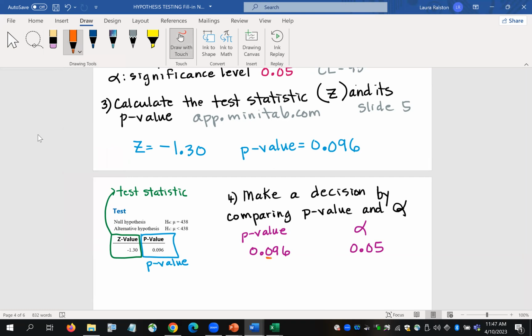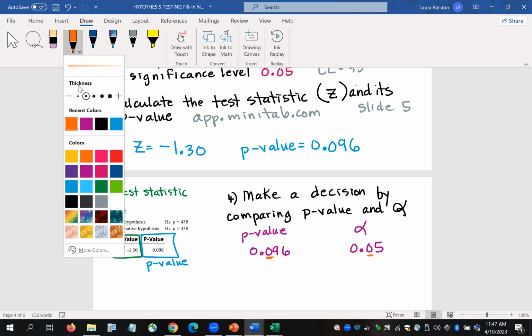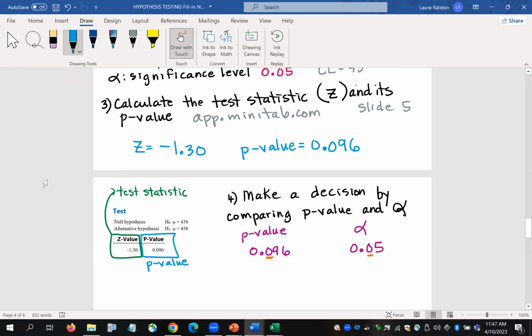The first digit after the decimal point for p is 0, for alpha is 0. Then I'm going to do the next one. The second digit is 9 for the p-value and 5 for alpha. 9 is greater than 5, so p is greater than alpha.